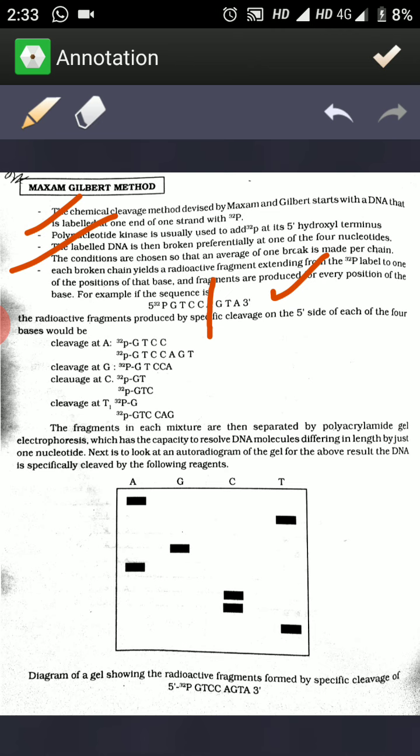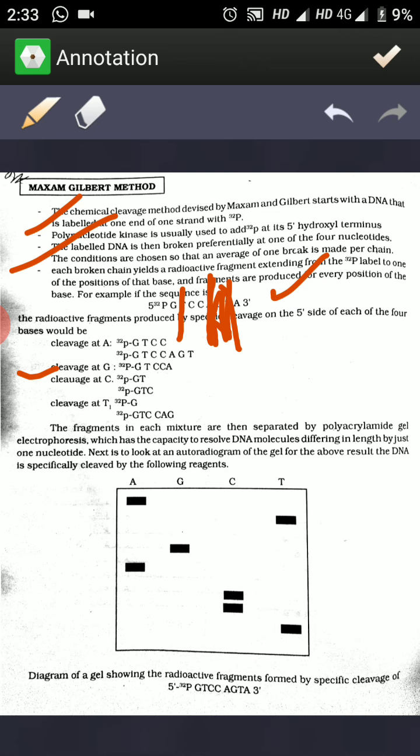If cleavage of the DNA takes place at guanine, then P32 GTCCA, that is here G, CCA will be produced, and if cleavage at cytosine takes place, only GT will be produced as a segment.